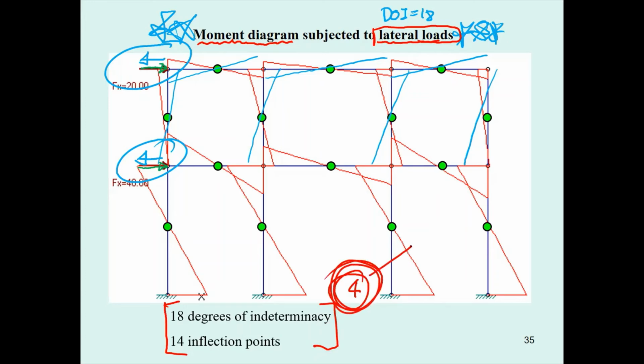This is going to produce 2 methods. One is called the portal method. Another one is called the cantilever method.